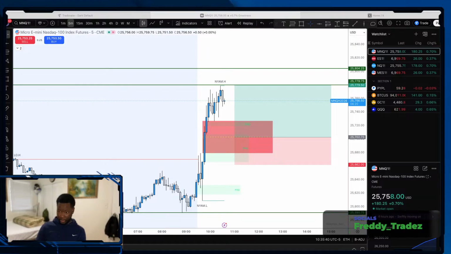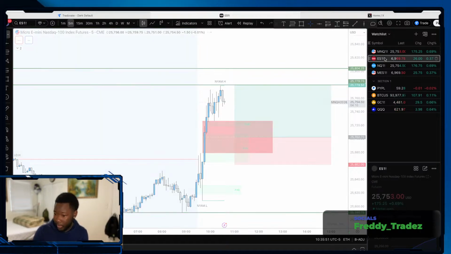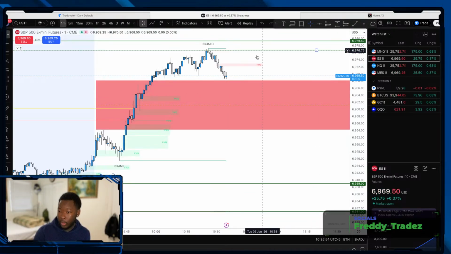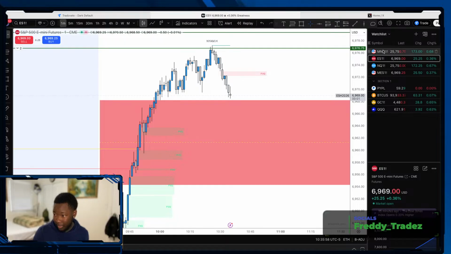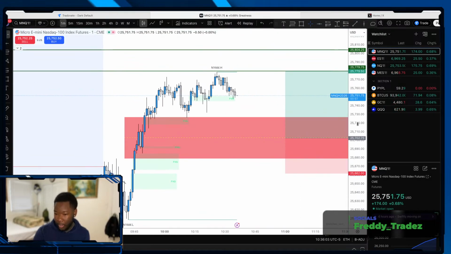Still nothing happening. Just waiting. This is what trading really looks like, or profitable trading. Of course, I could be on here spamming orders, selling, buying, spamming it, but probably end up red on the day.